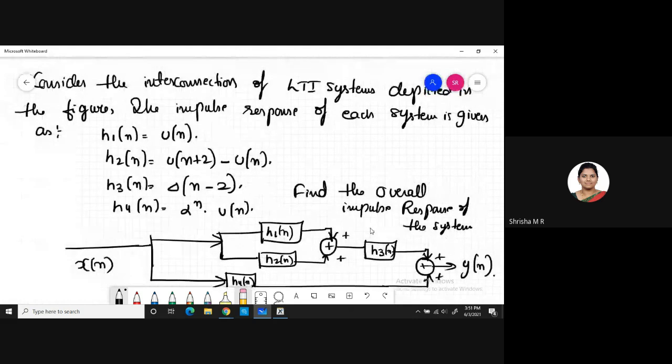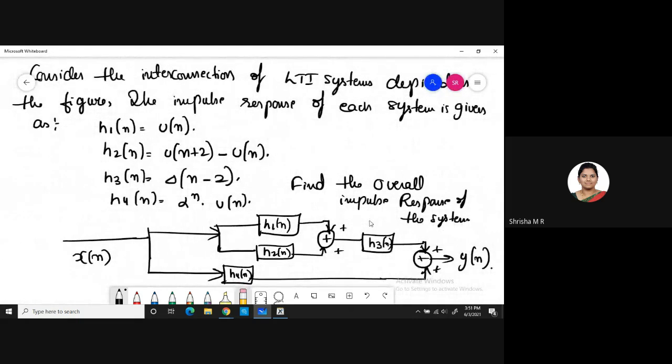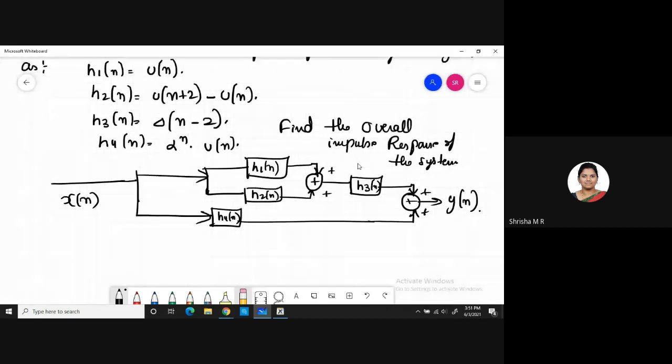Did you all understand the problem? Yes, ma'am. Others following the problem? Yes, ma'am. Okay. So try to get an equation for this. These two are in parallel, add them. This is in series, convolve them.